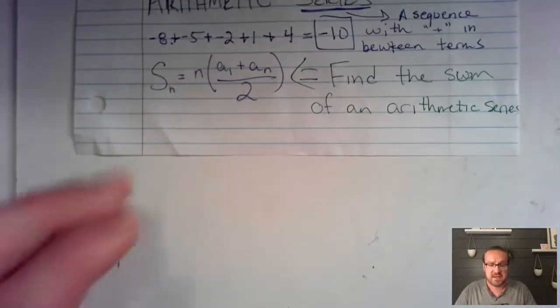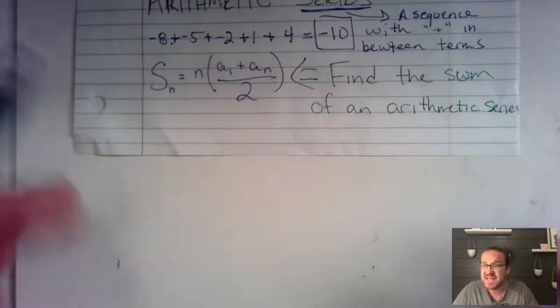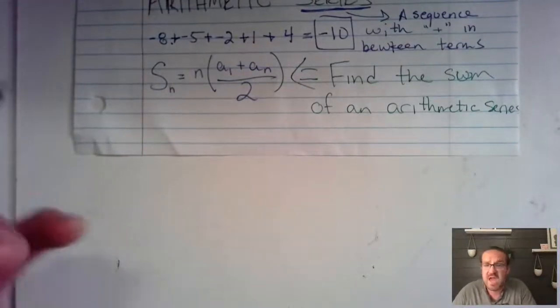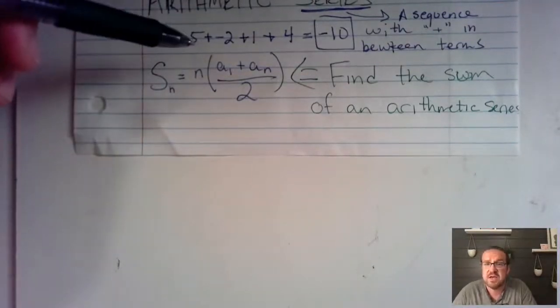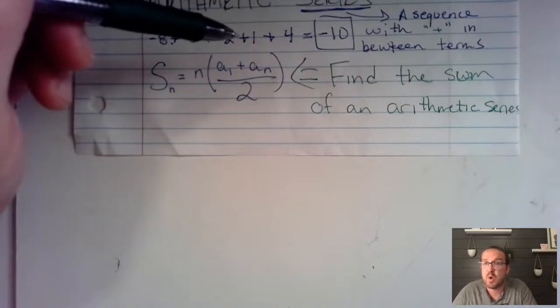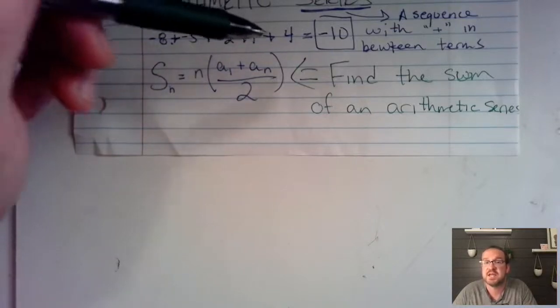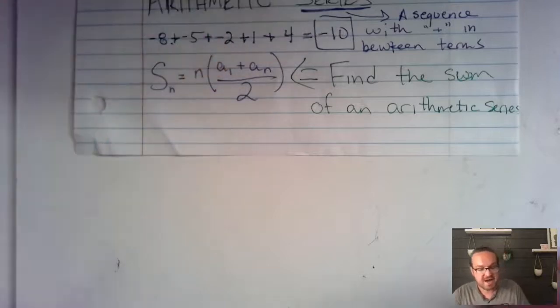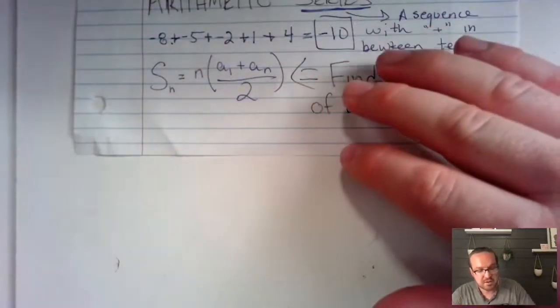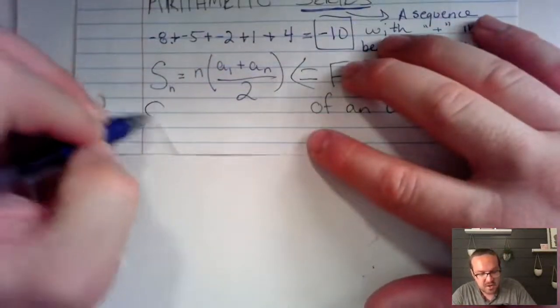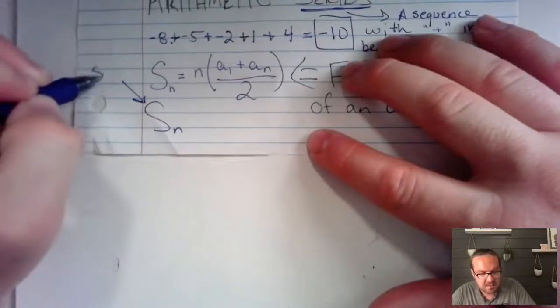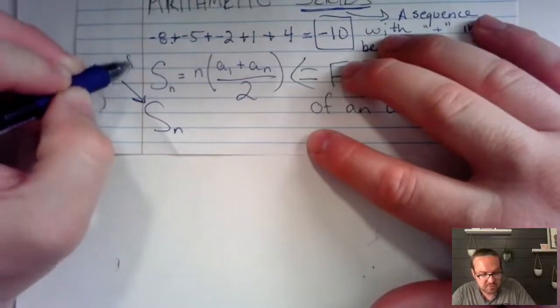think about this. Anytime you have a pattern, you don't technically need the formula, right? -8 plus -5 is -13, plus -2 is -15, plus 1 is -14, plus 4 is -10, right? But if I just use this formula, okay, S sub n, what that means is the sum of n terms.